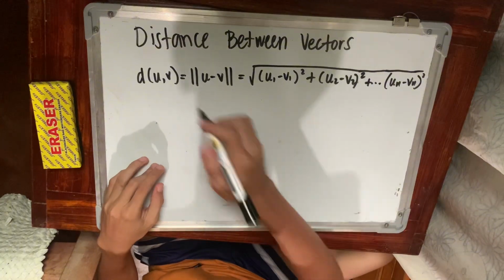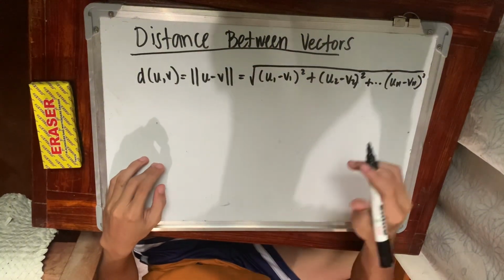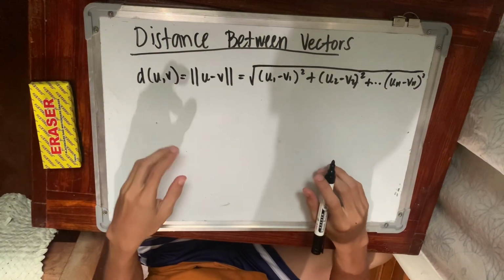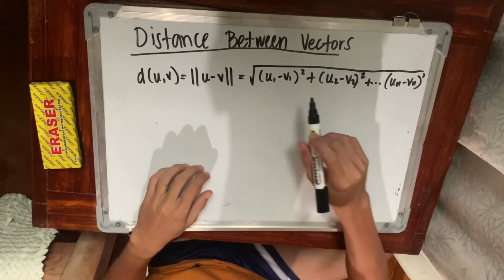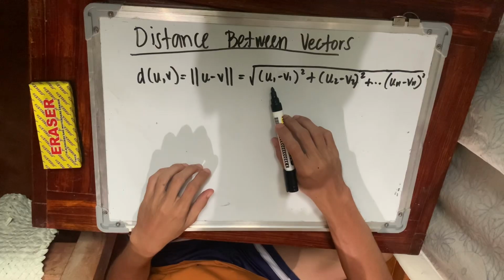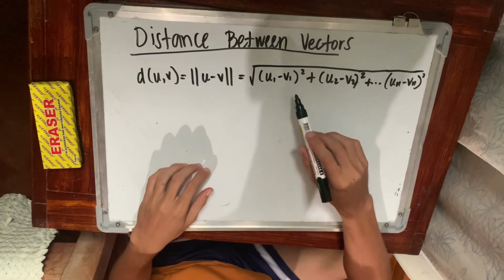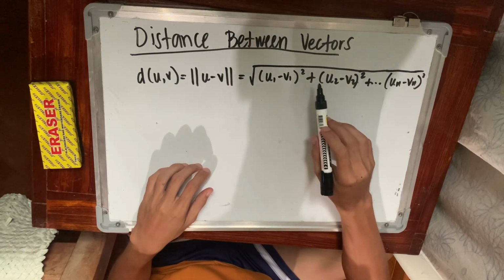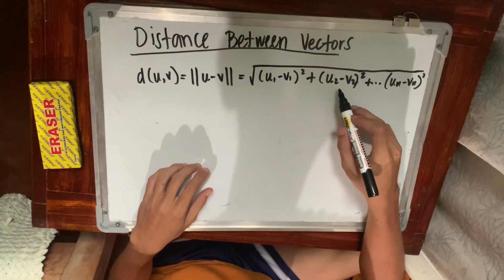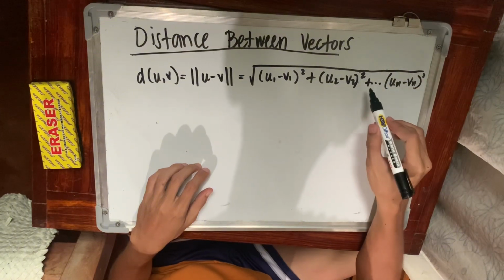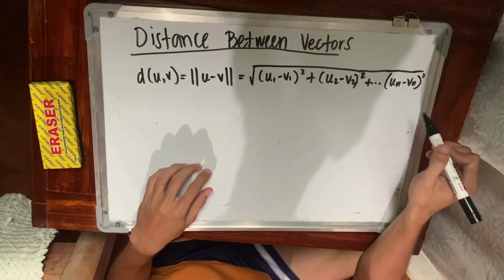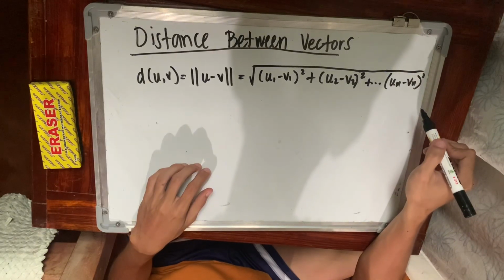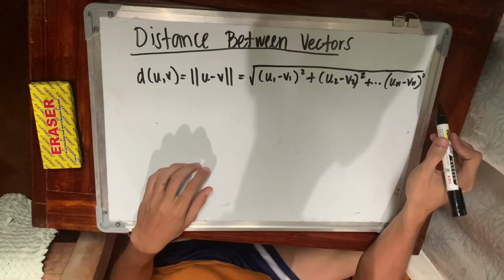Lastly, we have the distance between vectors. We are given the formula where distance is equal to the square root of u sub 1 minus b sub 1 squared, plus u sub 2 minus b sub 2 squared, plus up until u sub n minus b sub n squared.